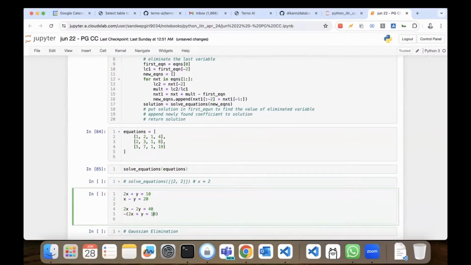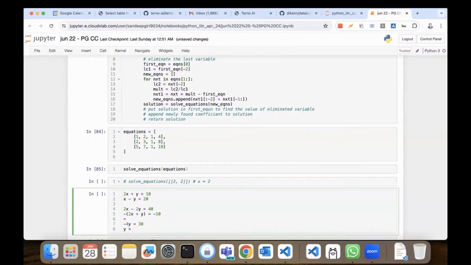Yes, this makes sense, right? So this turns out to be 2x minus 2y equals 40 minus 2x plus y. You can see the right-hand side is subtracted from the right-hand side and the left-hand side from the left-hand side. So this turns out to be how much? Minus 2y minus y, that is minus 3y equals 30.